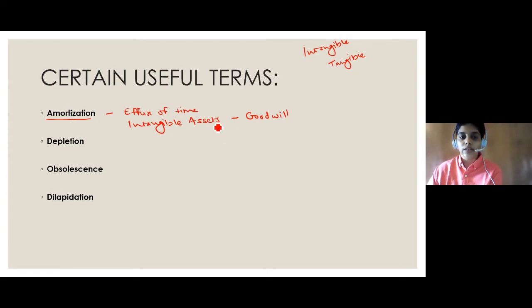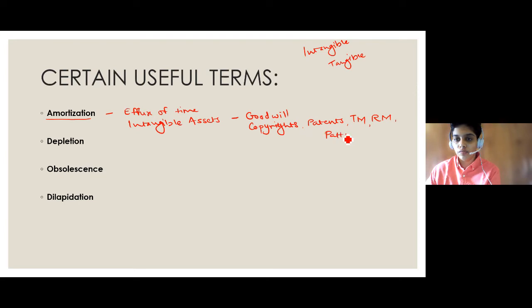Similarly, there are various other intangible assets such as copyrights, patents, trademarks, then we have registered marks, then again we have patterns also, etc. So there are various other intangible assets.